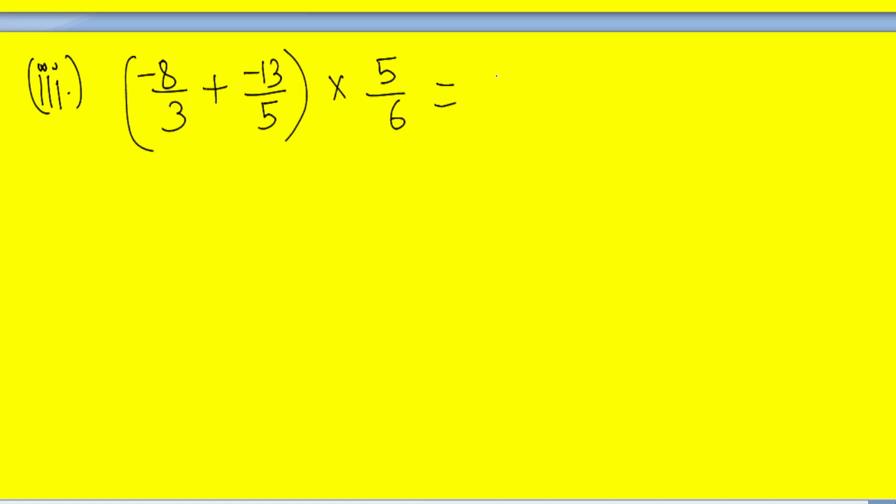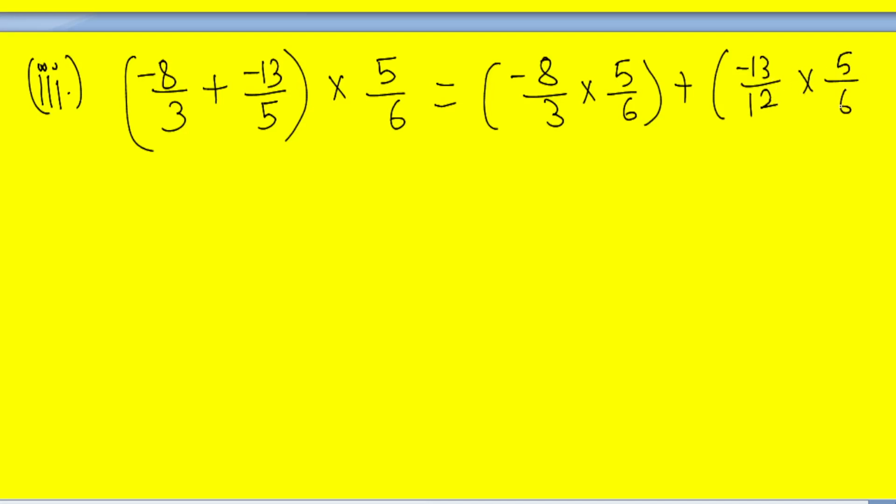In the third question: minus 8 upon 3 plus minus 13 upon 5, under bracket, multiplied with 5 upon 6 is equal to, under bracket, minus 8 upon 3 multiplied with 5 upon 6 plus, under bracket, minus 13 upon 12 multiplied with 5 upon 6.